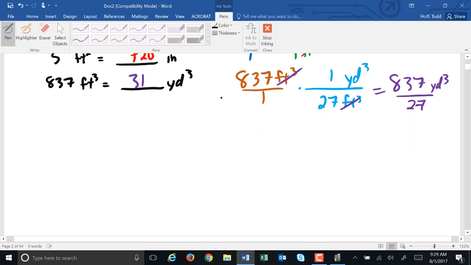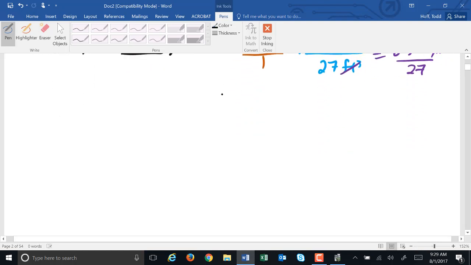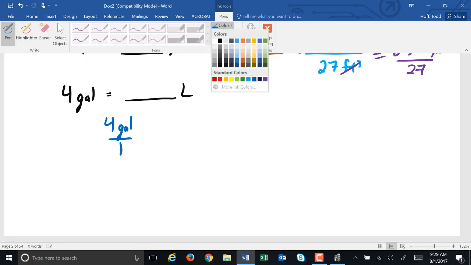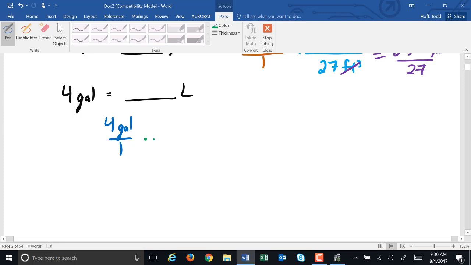So that's our measurement conversions for the most part, but we do have to remember how to convert from standard to metric and metric to standard. You know, we might be given something like 4 gallons and convert into liters. How would we do that? Well, remember in your book, you have that conversion page that has all the conversions from metric to standard on it.